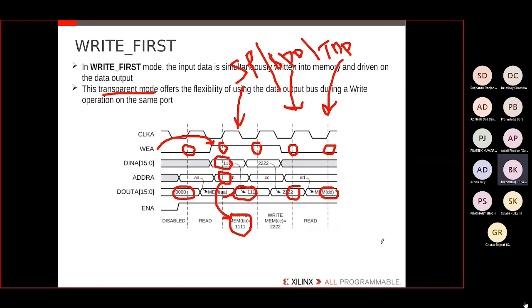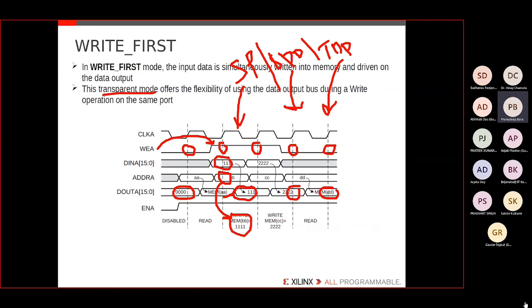Okay, so the conclusion is this: whether it is single port, simple dual port or true dual port, at a time we cannot read and write. Whenever we are writing, the second port should be waiting. No. In a generalized memory, whenever I'm writing, I will not get the output the memory contains at that instant. I need to wait for one clock cycle.